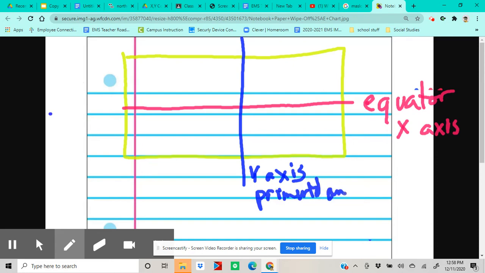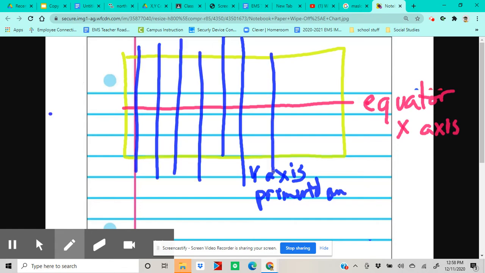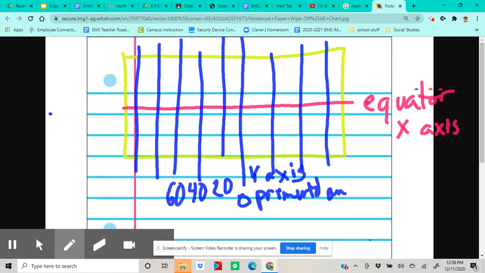Now, as we divide this further, we have more meridians, which we talked about a minute ago. And these meridians have degrees going from 0, 20, 40, 60. Of course, children, every number is correct. They don't just go by 20s.